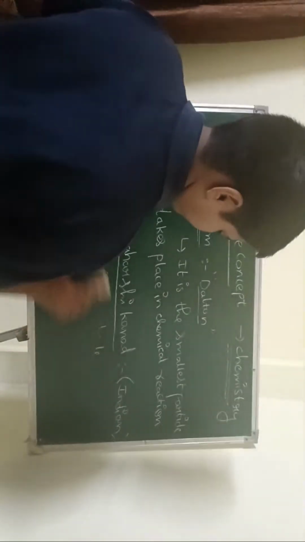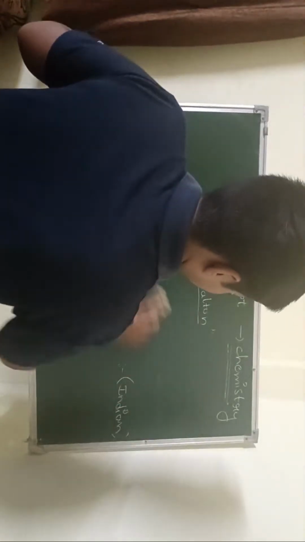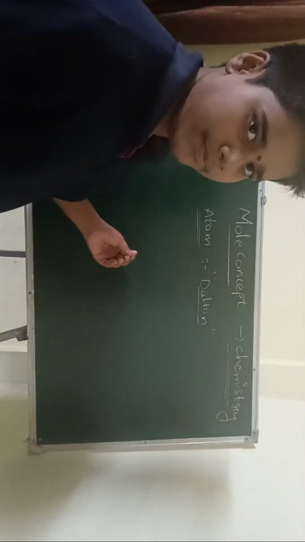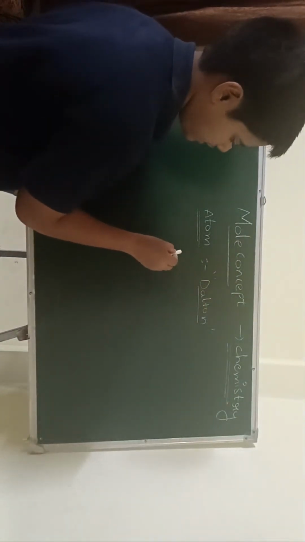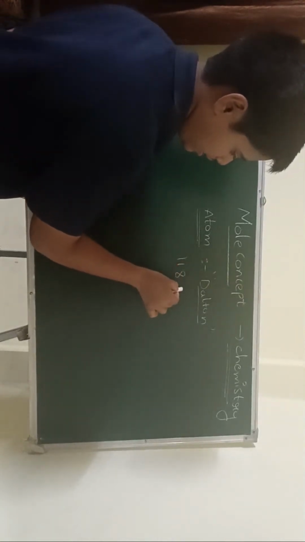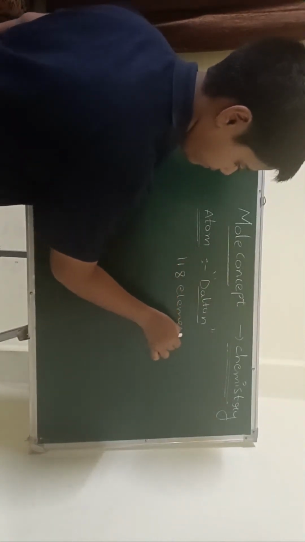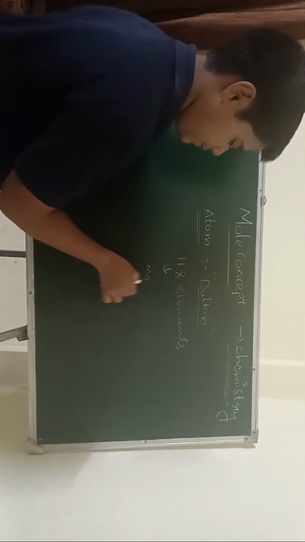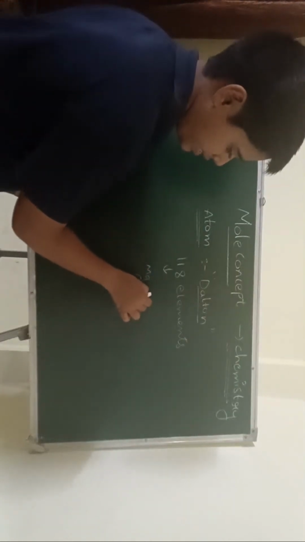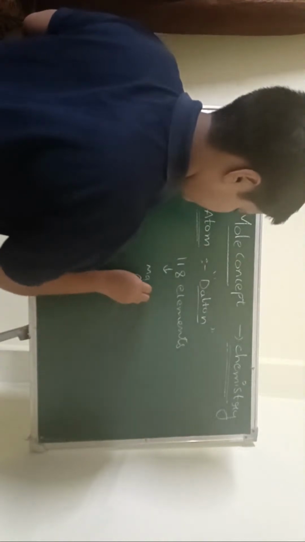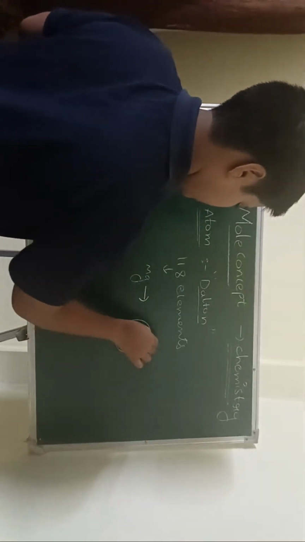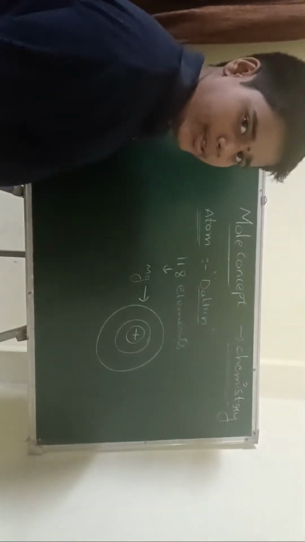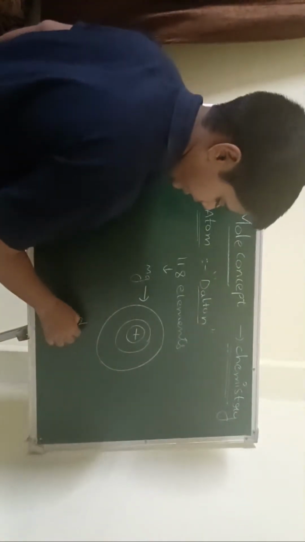So in atom, we learned about atoms. There are 118 elements. Taking one of the elements, Mg, magnesium.